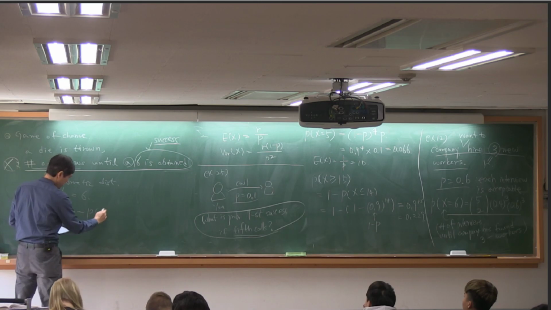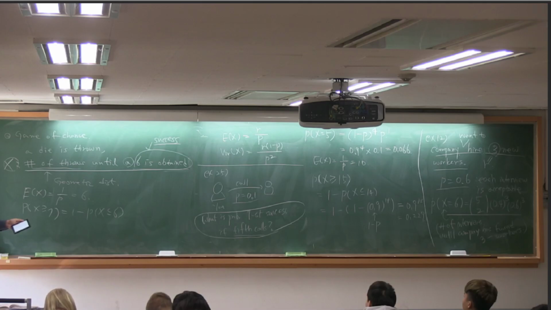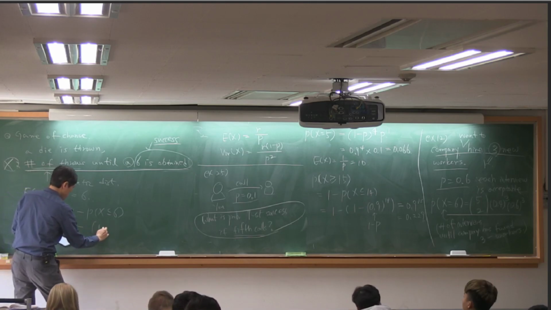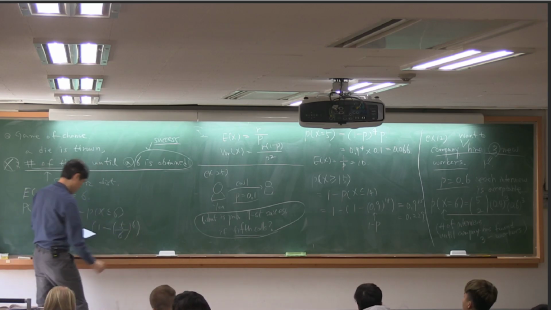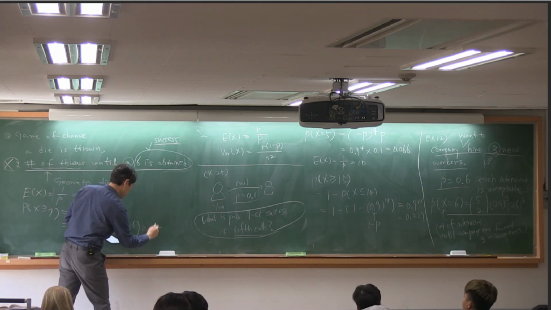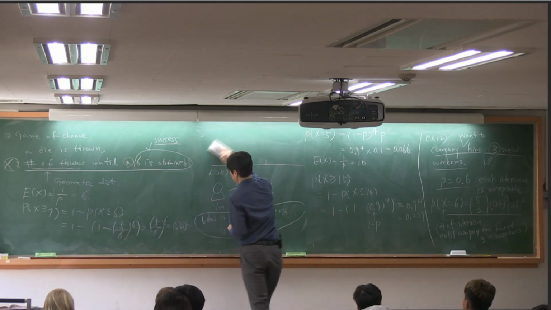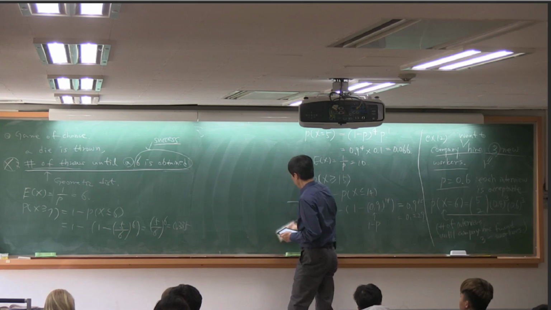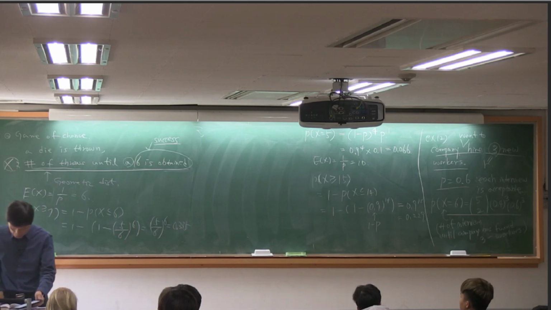This is 1 minus the probability that x is less than or equal to 6. This is 1 minus fail to the power 6, so this is 0.335. Right?